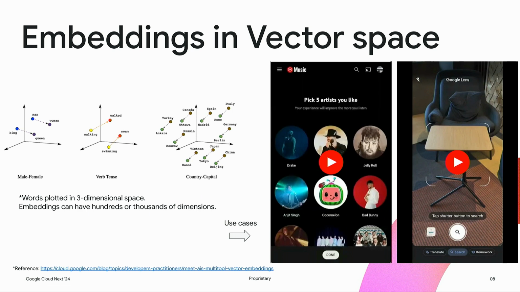While embeddings help you convert data types into numbers, when translated into vector space these vectors are close to each other, so it preserves the meaning of the underlying data. If the data is similar, it will be closer together in the vector space; if it is dissimilar, it will be farther apart.